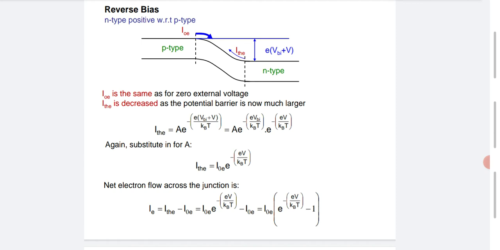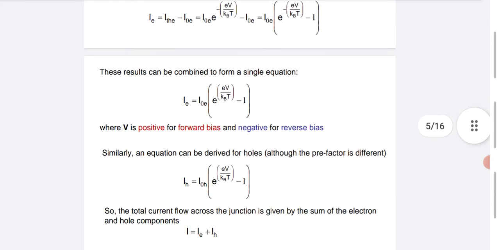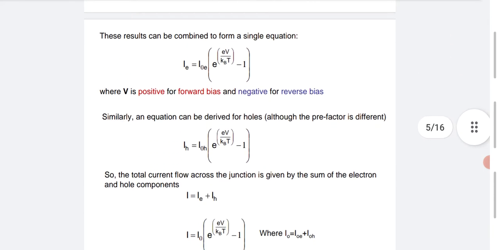So I0E is the same as for zero external voltage, and I thermal is decreased as the potential barrier is now much larger. So by substituting the above, we can see that the results can be combined to form a single equation.